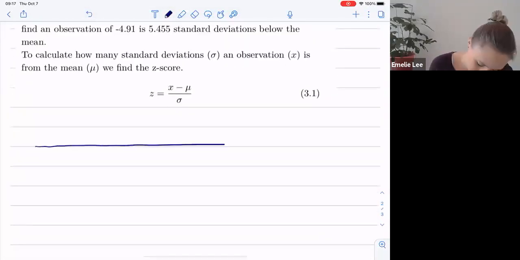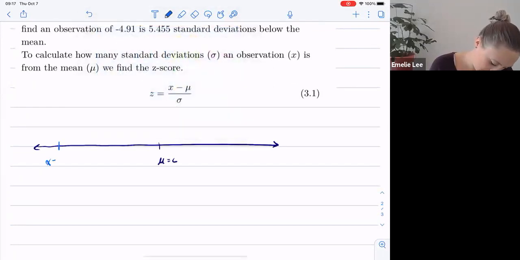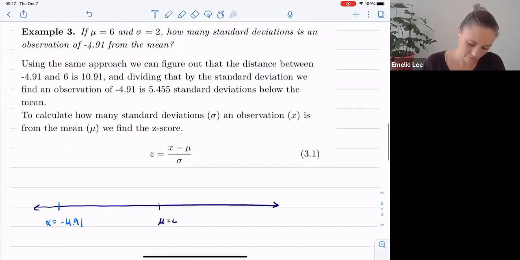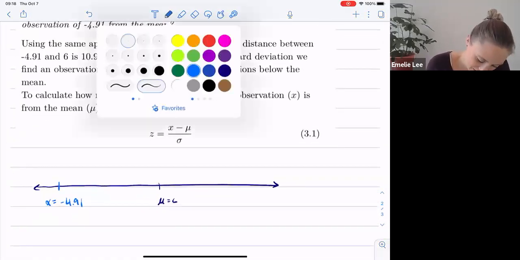If I start with mu equals 6, and I'm interested in an x equal to negative 4.91, I would still find this distance, remembering that it gets a little bit tricky because we're crossing 0 at some point, right? So you want to be careful, but how do you capture that? You can take 6 minus, no, you can't.